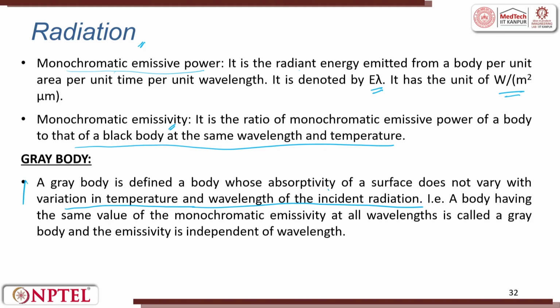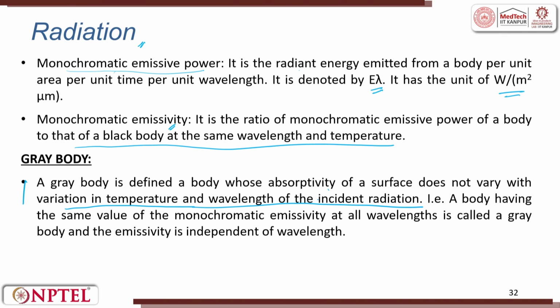A gray body is a body whose absorptivity of a surface does not vary. Whatever happens on the surface does not vary with variation in temperature, 20, 30, 40, 50, and wavelength of incident radiation.